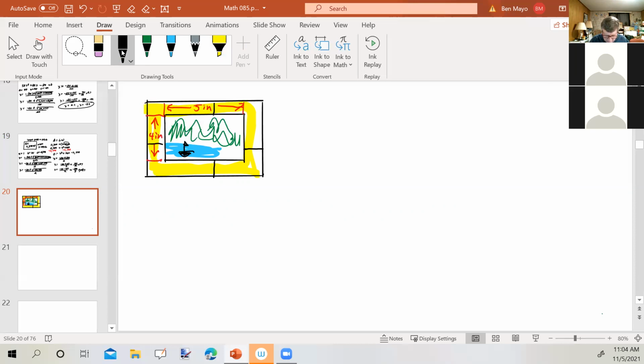All right, now, let's consider just the picture. We know that this distance from here to here is 5 inches, and this distance from here to here is 4 inches. So the picture, the area is 20 square inches, okay? 5 times 4.